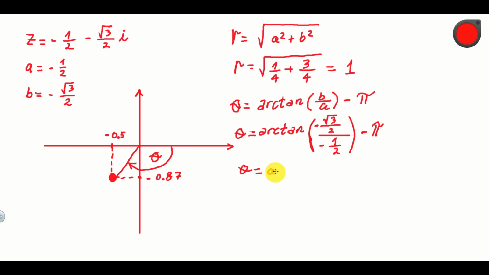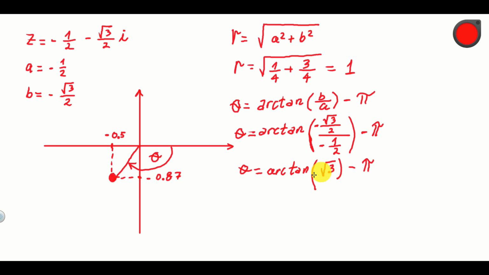And this further becomes theta is equal to arctan. Let's see, what do we have over here? 2 and 2 can be cancelled, and minus becomes plus, and we have the corresponding value that's equal to square root of 3. And over here we have minus pi. And let's see, what is the arctan of square root of 3?